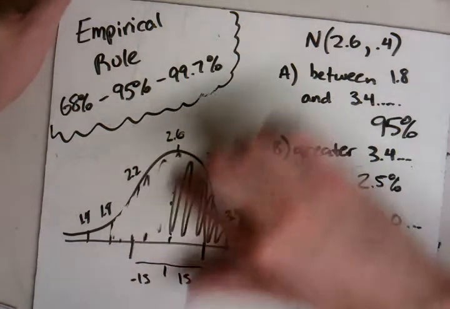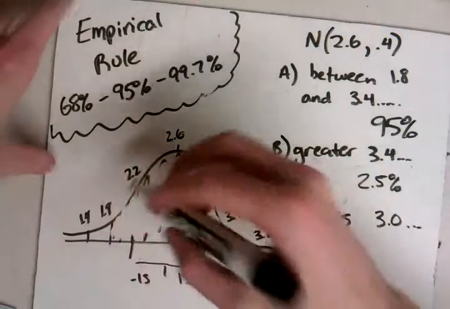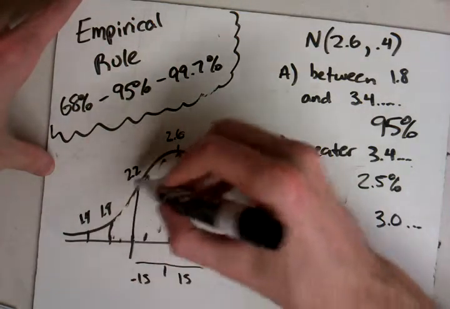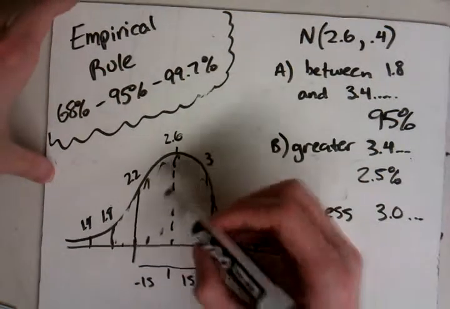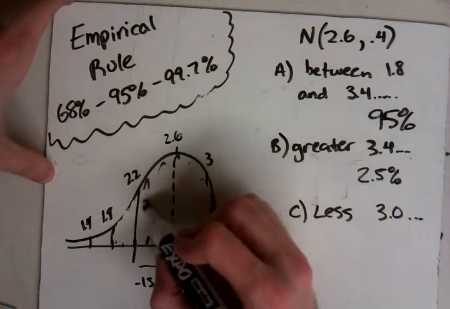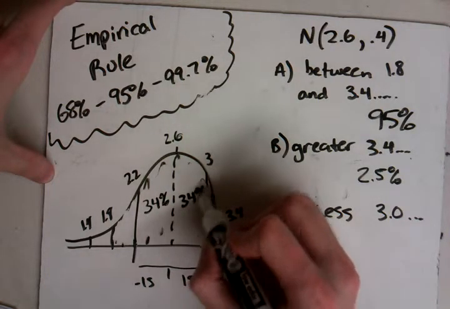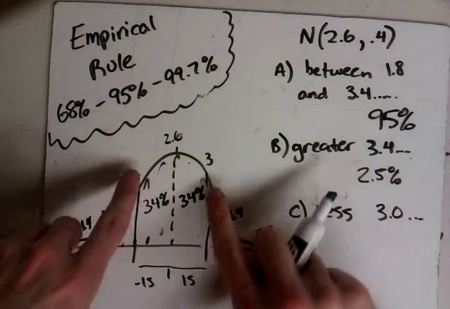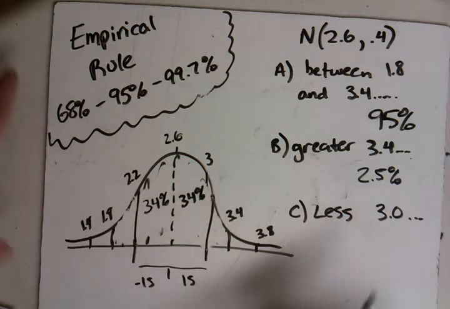So let me erase this part where we shaded in. I'll redraw some lines like so. So if all together inside here is 68%, then 34% is right here, and 34% is right here. I'm just cutting things in half. So know that this is 68 altogether. Half of that would be 34 and 34.